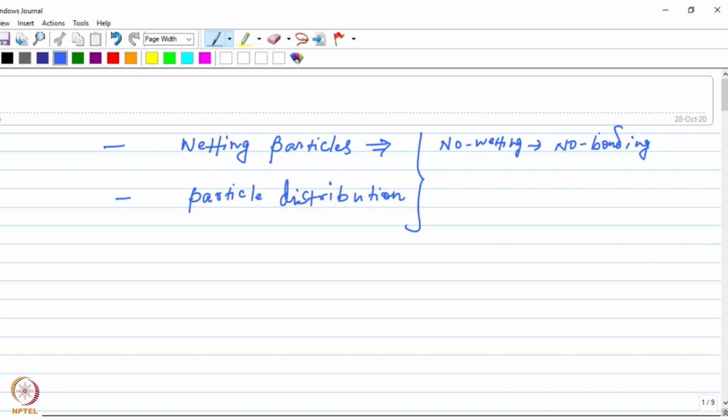And particle distribution is also very important, because if there is agglomeration or clustering of particles, that would affect the properties adversely.